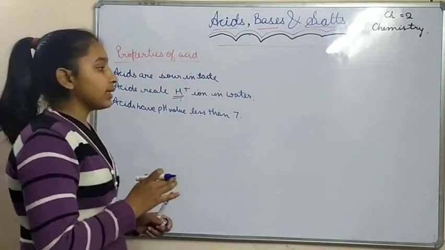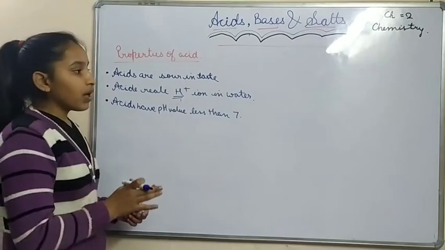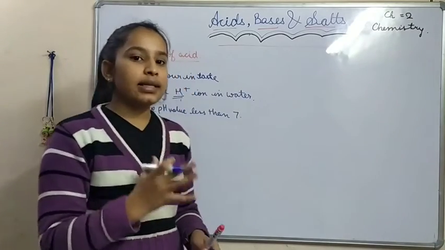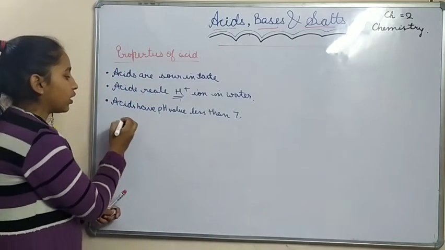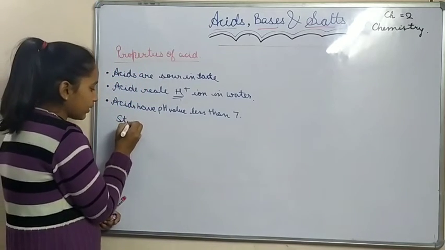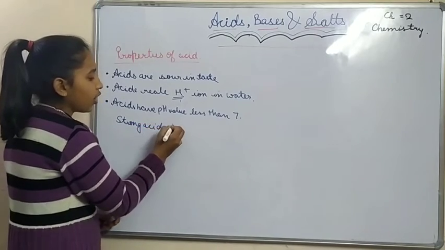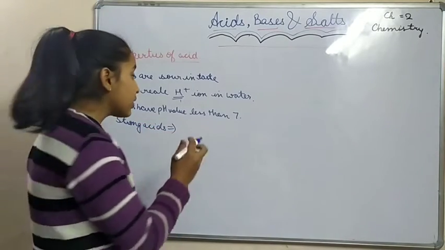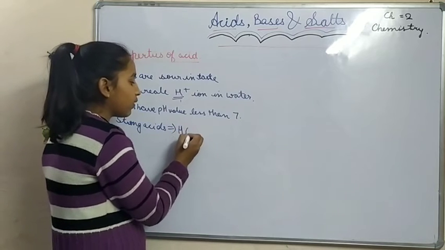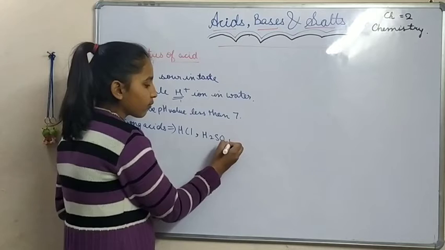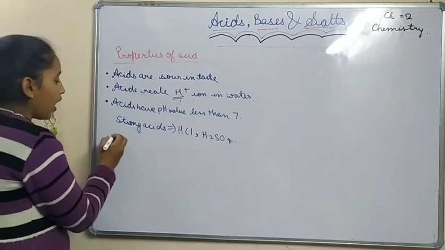Now acids are of two types, means acids can be strong and acids can be weak. First, strong acids. Strong acids are hydrochloric acid, sulfuric acid, and so on. Weak acids are lactic acid and oxalic acid.